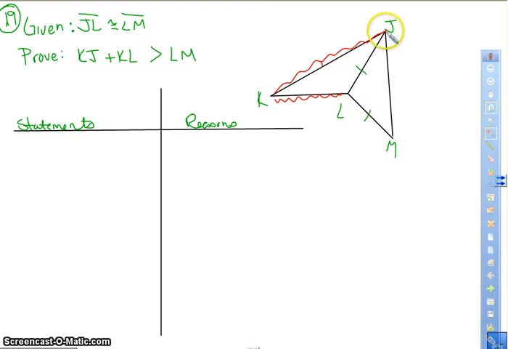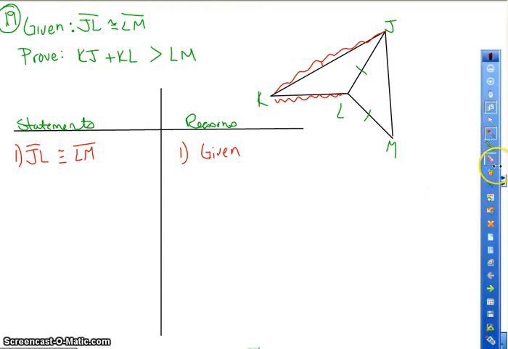LM is the same as JL, and if it's the same as JL, we can replace them with one another. We can substitute, which is going to be helpful to us as we go through this, because we also know that KJ plus KL has to be greater than JL, and that's by our triangle inequality theorem.